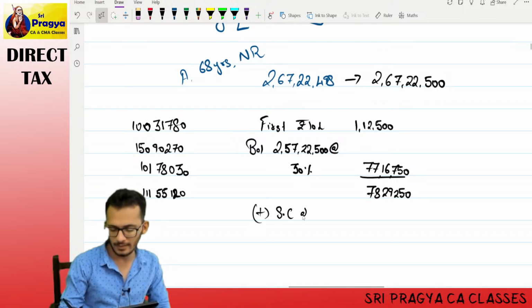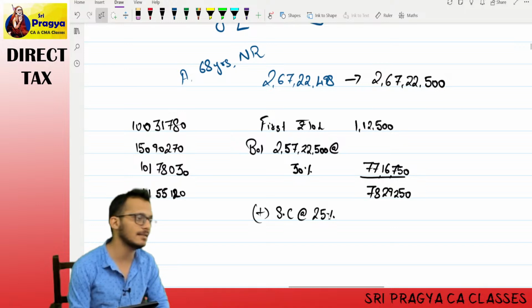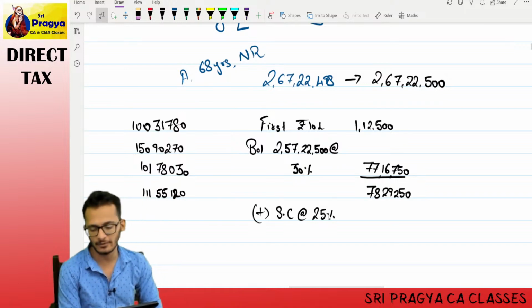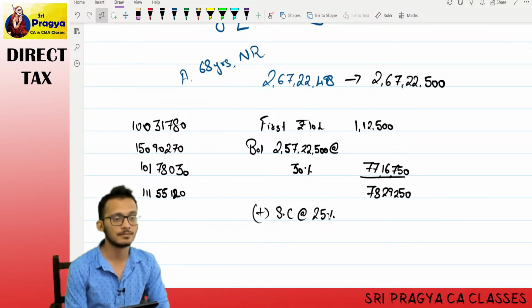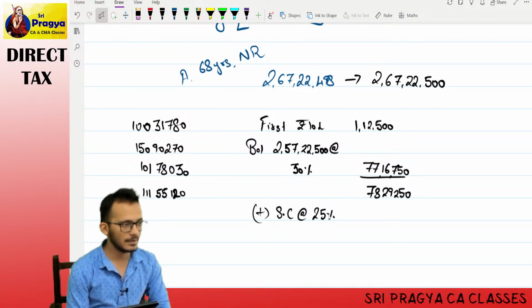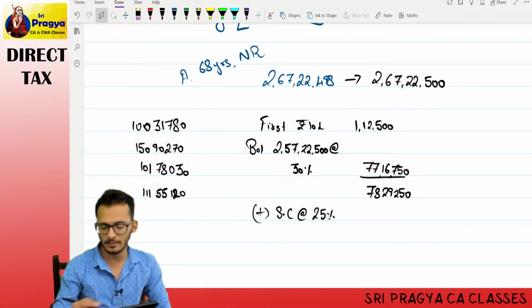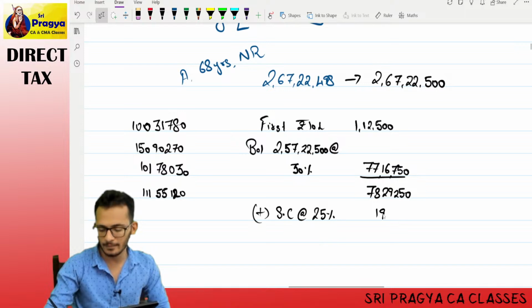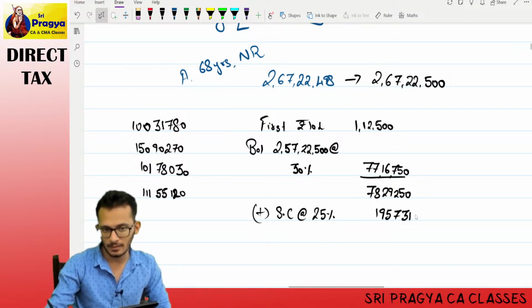Very good. The moment the person is beyond 2 crores and less than 5 crores, you have a surcharge of 25%. 25% on what? On the 78 number, you will pay 25%. Number is 1,95,733.